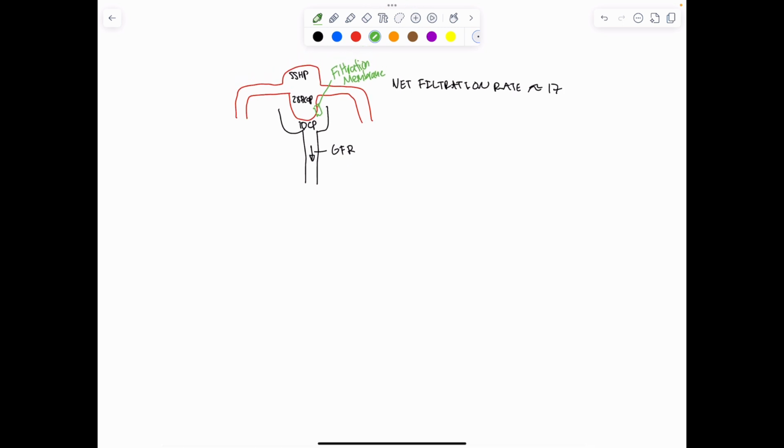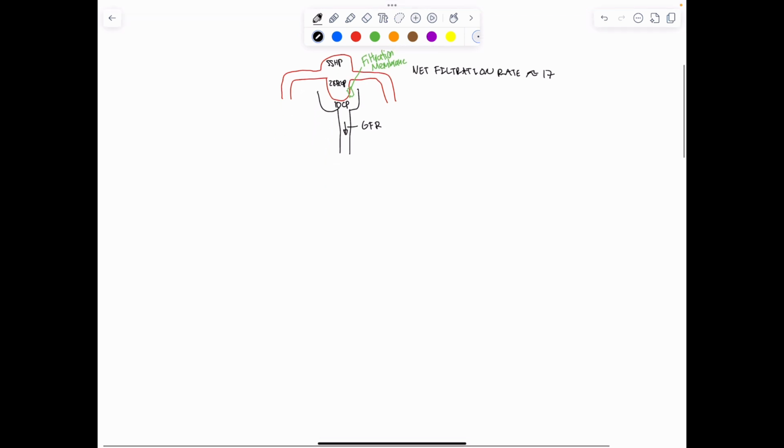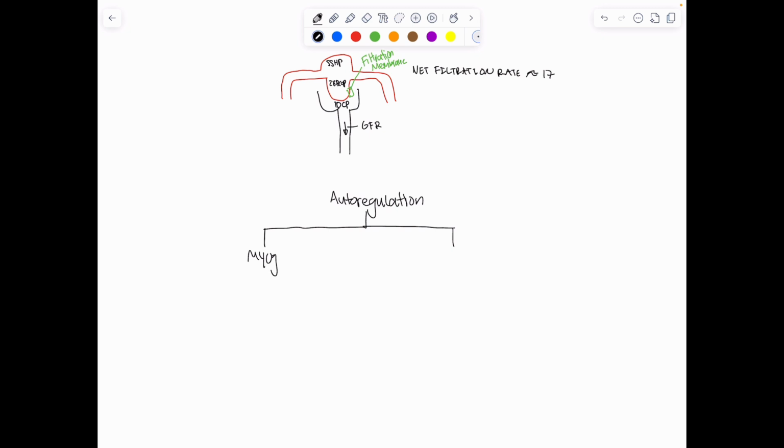There's a couple different ways that our filtration is autoregulated. The first one's myogenic, which increases our blood pressure.